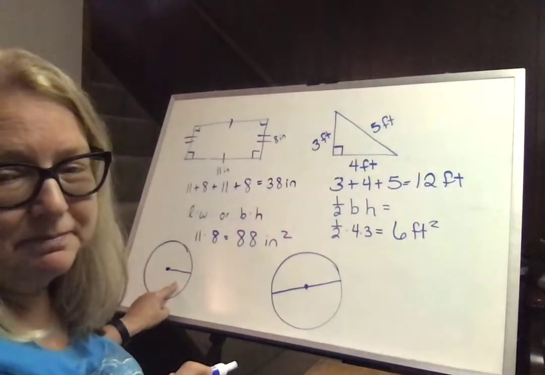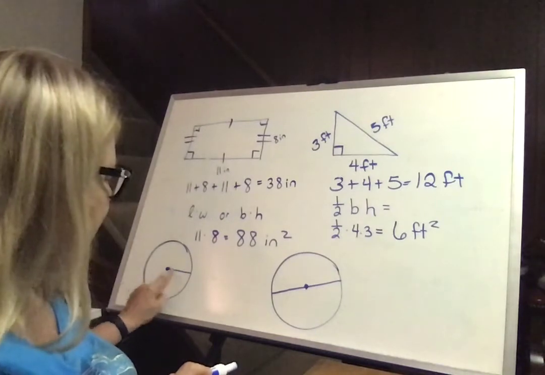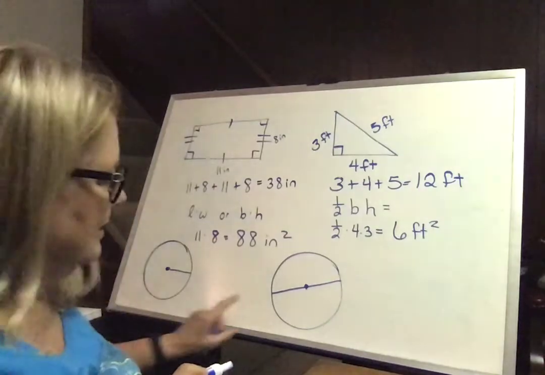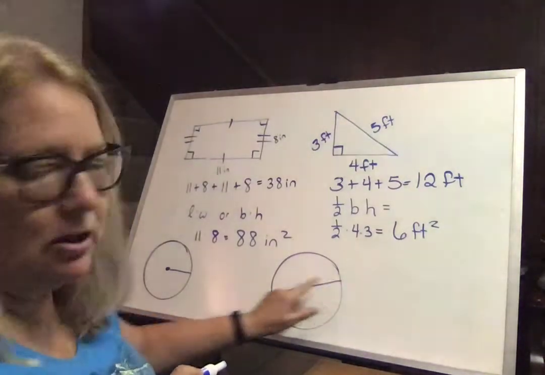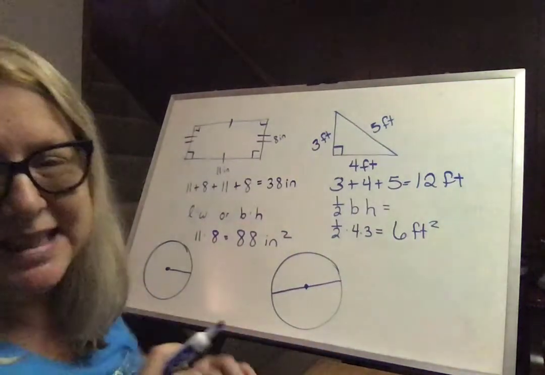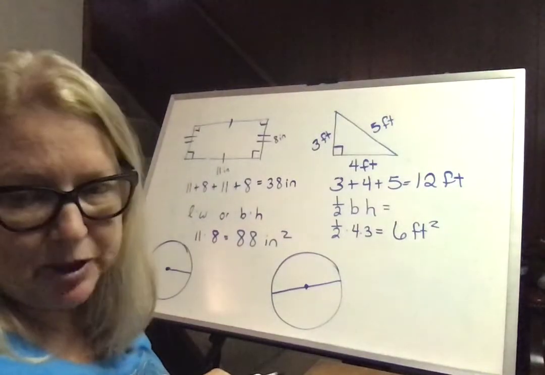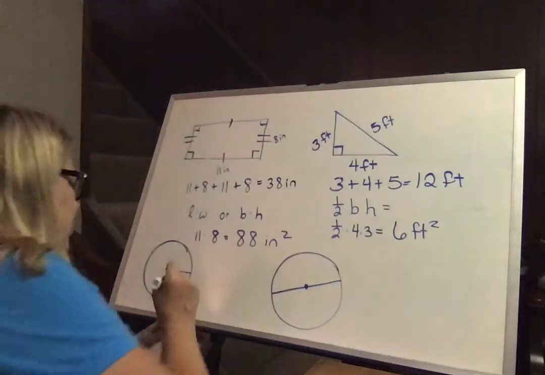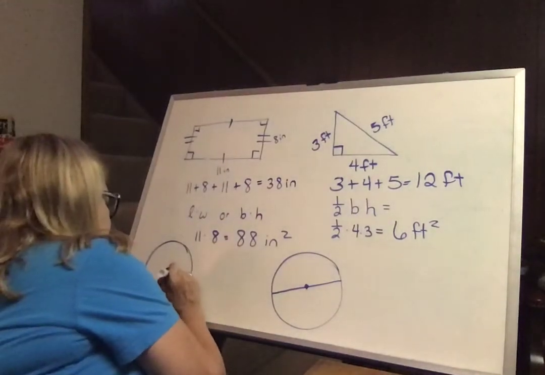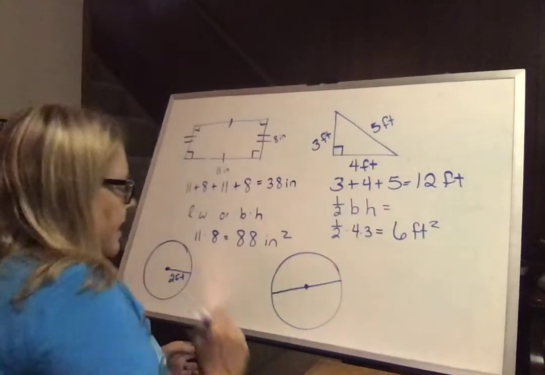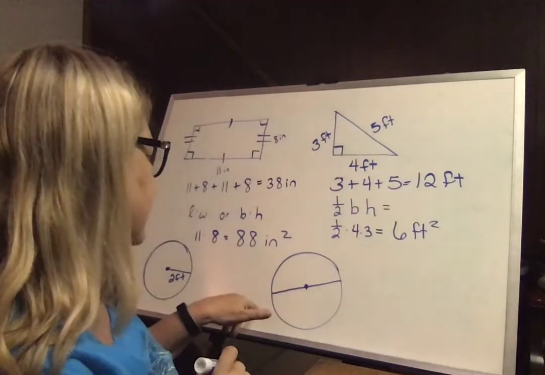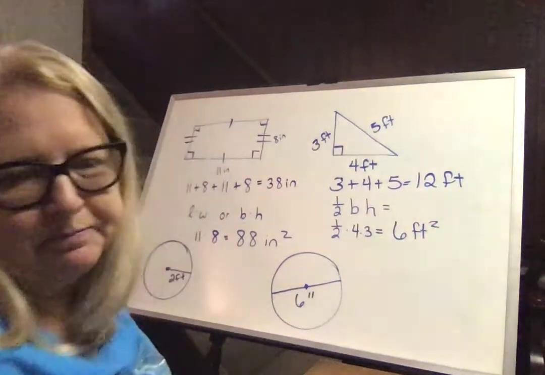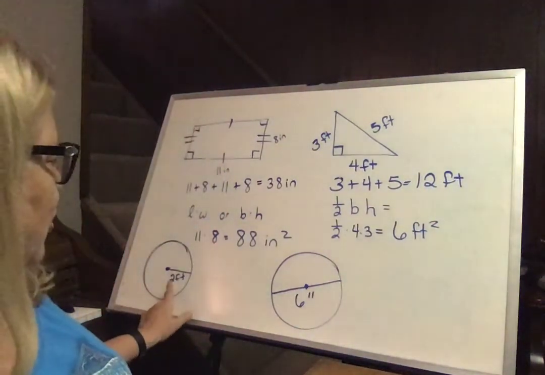Do you remember? This little piece starts with an R, radius. This little piece all the way across starts with a D, diameter. Okay, so let's put 2 feet. And let's make this 6 inches.